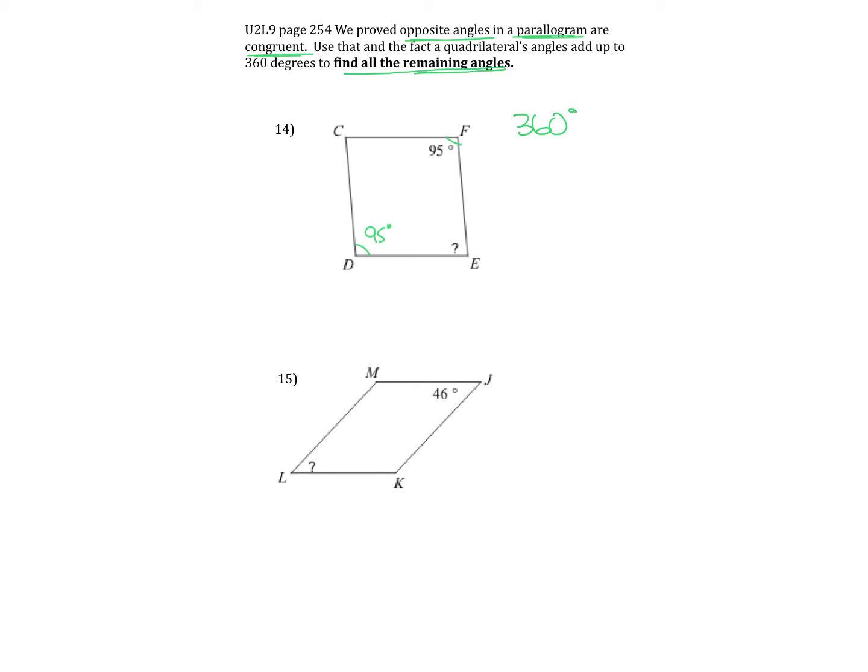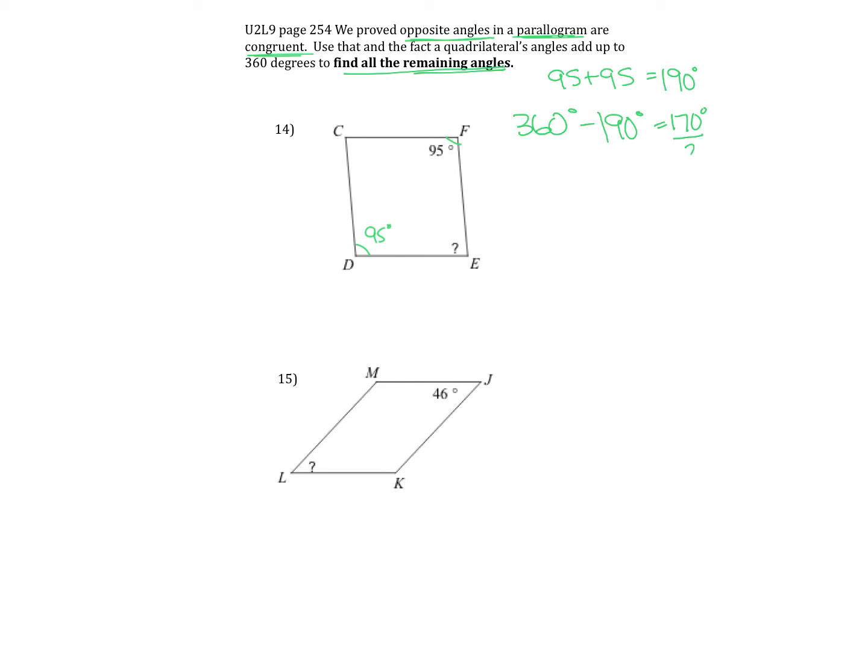So if I add up my 95 plus my 95, I get 190 degrees are my two green angles. Let's subtract that from my total for the whole thing, and I get 170 degrees for angles C and E. So C and E add up to 170.